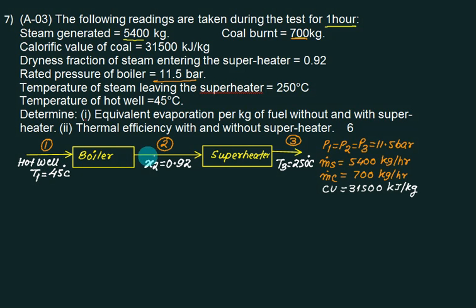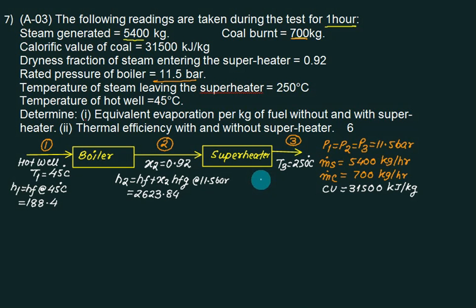This one is water, this one is steam, this one is superheated steam, this one is wet steam. What is HF at 45? For point number 2, we have to use pressure equals 11.5 bar. Steam is wet, so HF plus X2 HFG at 11.5 bar.